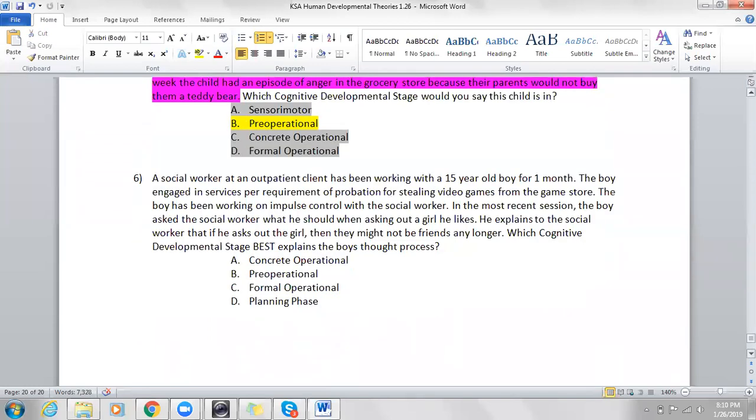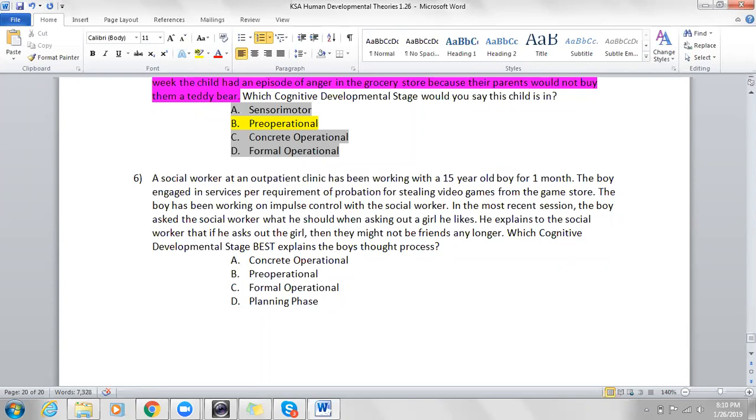All right, so a social worker at an outpatient clinic, not client. That was me rushing and typing today, so I apologize. Has been working with a 15-year-old boy for 1 month. The boy engaged in services per requirement of probation for stealing video games from the video game store. The boy has been working on impulse control with the social worker.